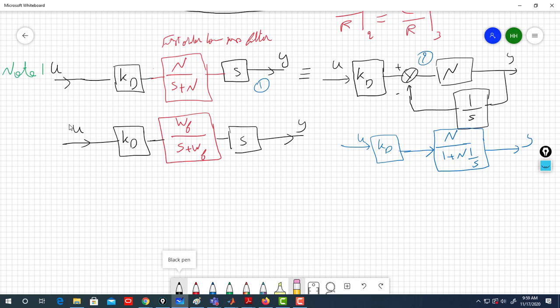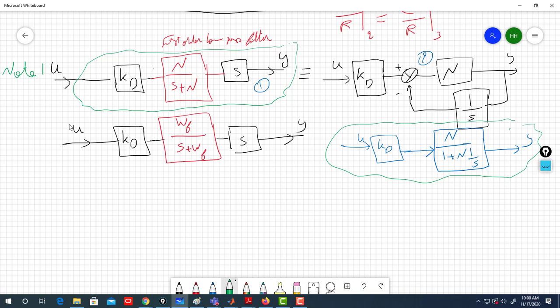If somebody takes numerical analysis, maybe he is able to answer this question with me. So this is system 1, I'll put it in green, and this is system 2, also in green, and they are equivalent. So why did MATLAB use this one?